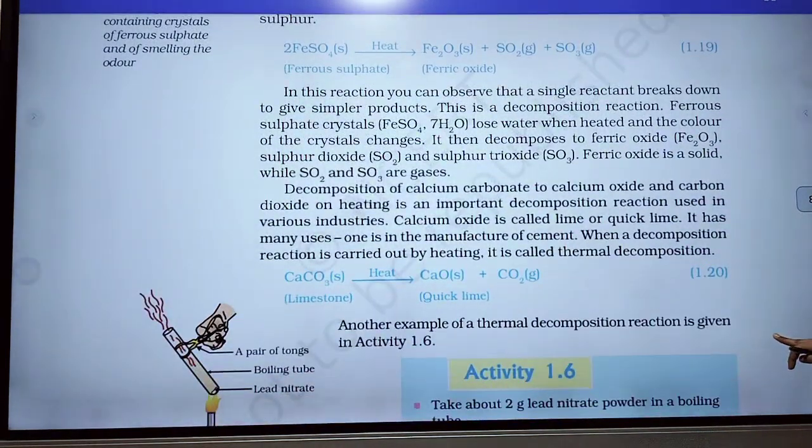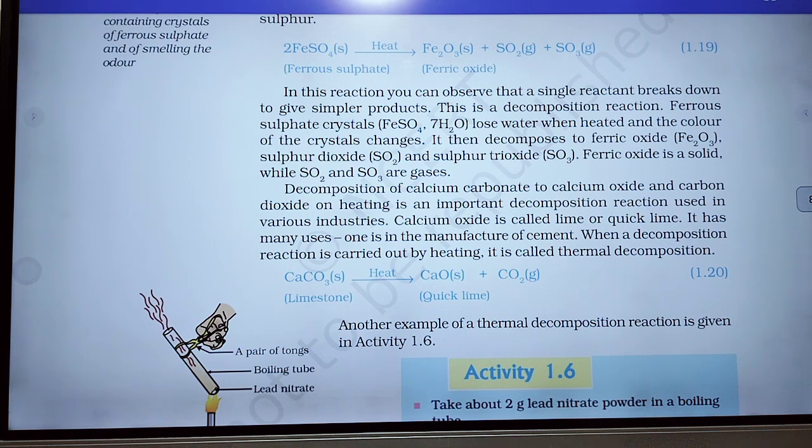First, an activity is given. In this reaction, note that it is about ferrous sulfate and ferric oxide. Let's explain this reaction.